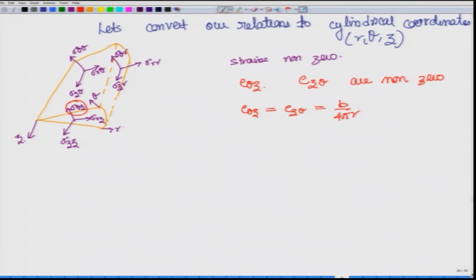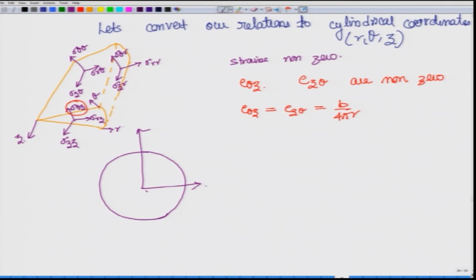Now, let us get to the stress relation, which will be non-zero. We said that there was some amount of strain along the z direction. So, let us draw the drawing where we can relate x y z with the r theta z.